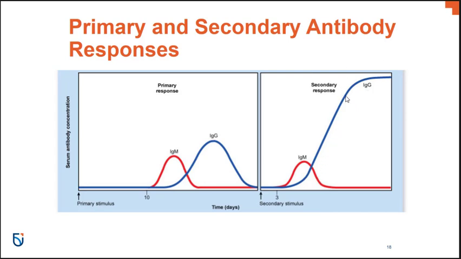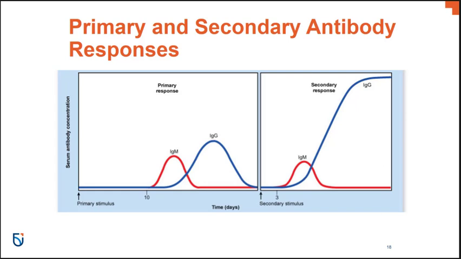In particular, with immunoglobulin G, very large increases compared to what we saw with the primary stimulus and the primary response. So these IgM and IgG, these are very specific antibodies.